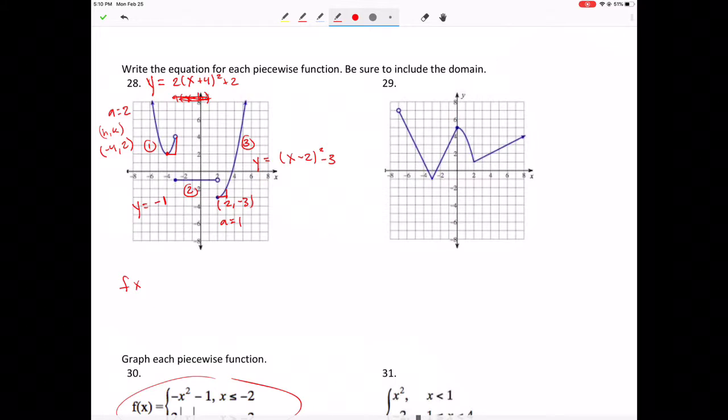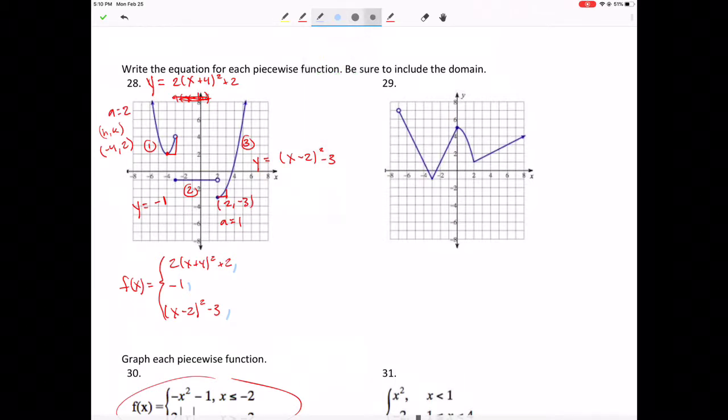We'll want to write it like a piecewise function looks like, something like this. Write down our equations, 2 times x plus 4 squared plus 2, okay? And then we want to write down our domain.